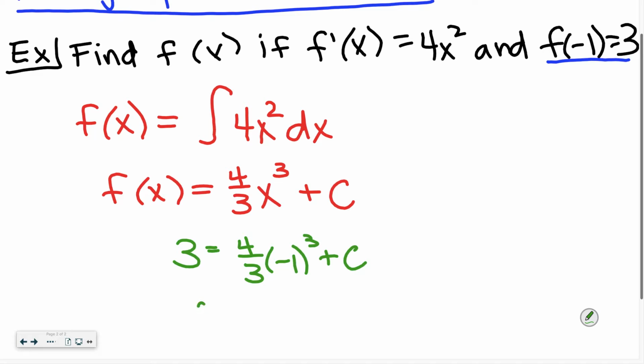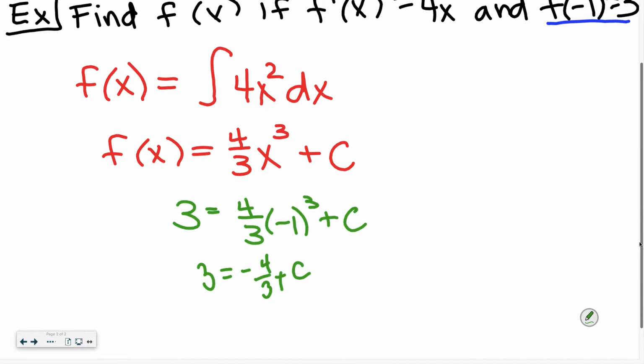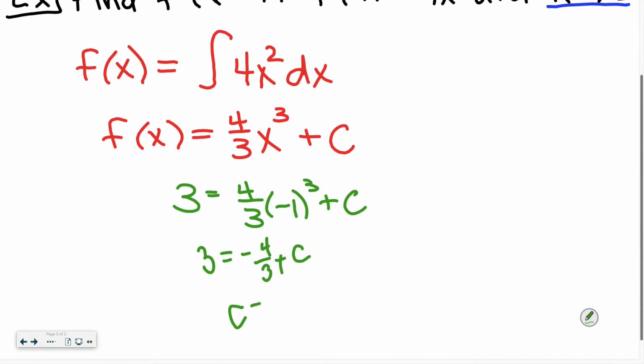So this would mean 3 is negative 4/3 plus C. And C would equal 13/3.